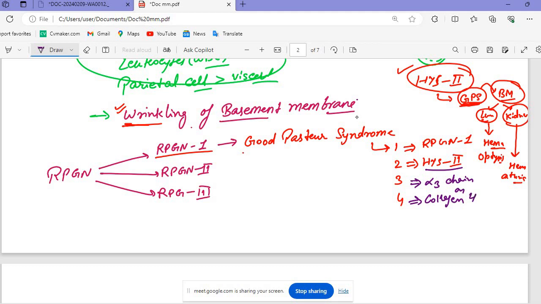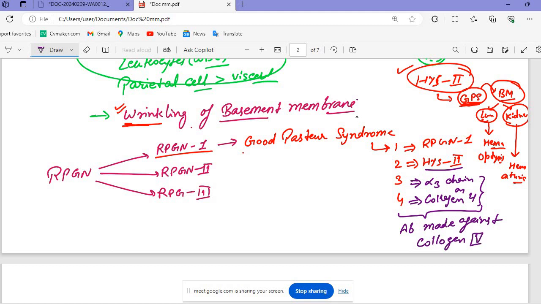We have collagen type 1, type 2, type 3, type 4, type 5. Out of them, collagen type 4 is involved in Goodpasture syndrome, and the antibody is made against collagen 4.